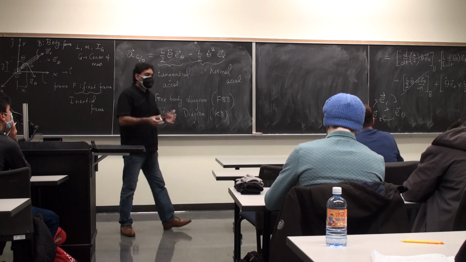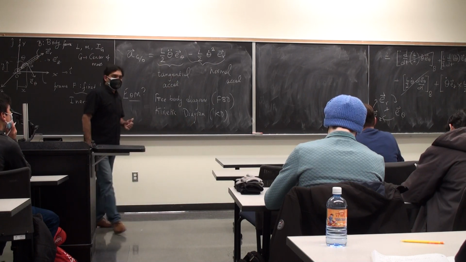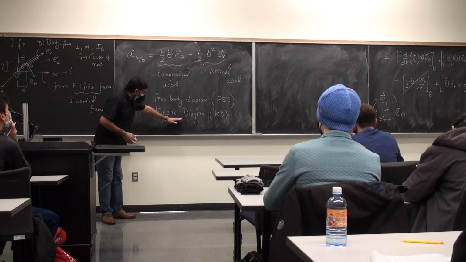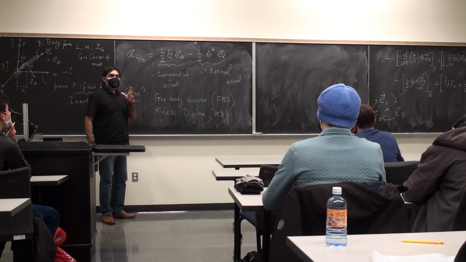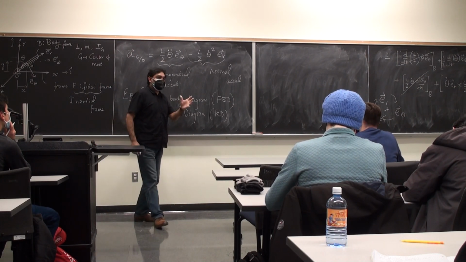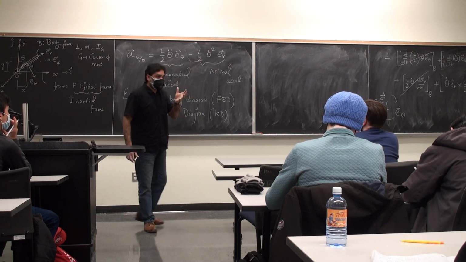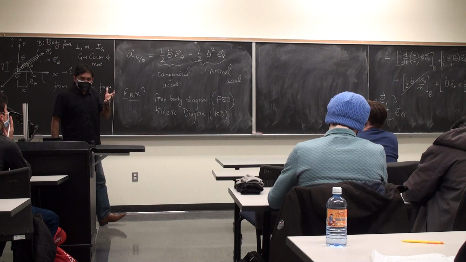This is something you've been doing for a living since statics. The kinetic diagram, which some of you may be familiar with, you mark all the inertial forces. The inertial forces meaning mass times acceleration of the center of mass, and then if I have any rotations, it's going to be the moment of inertia times the angular acceleration.